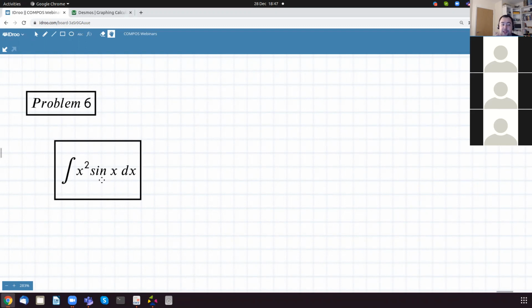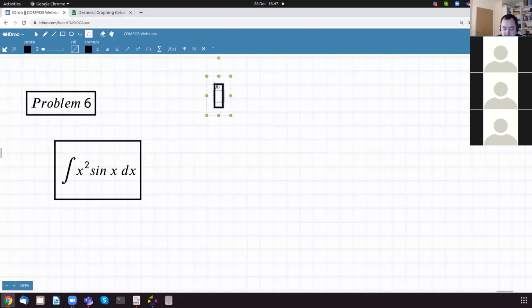Differentiation is an algorithm. If you know the algorithm, you can differentiate any function if a derivative exists. With integration, it's not that simple. So the formula for integration by parts looks like this.